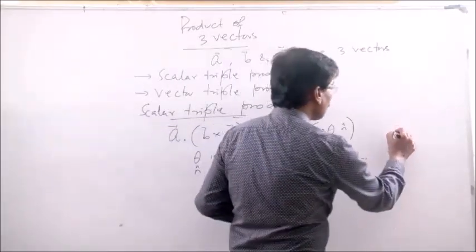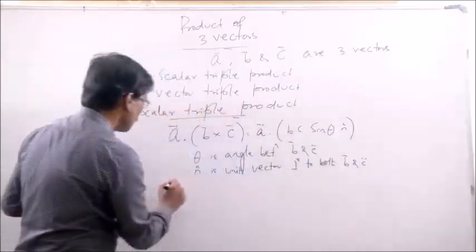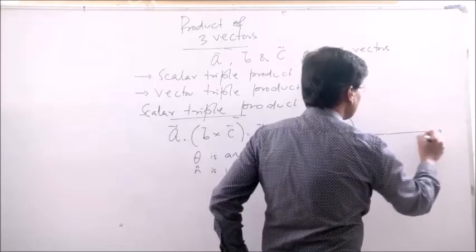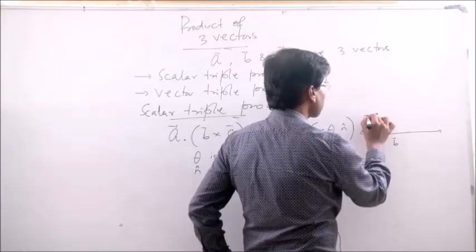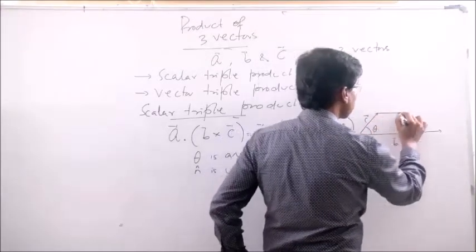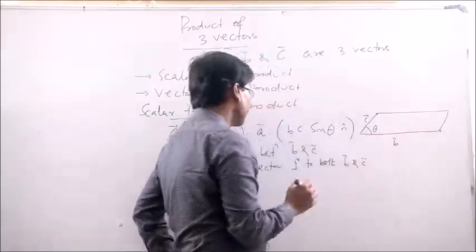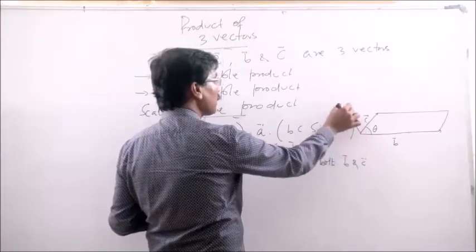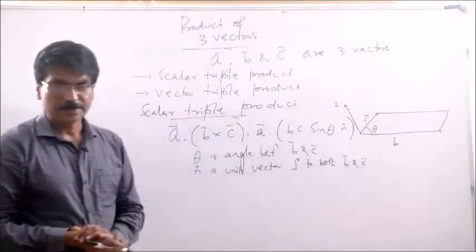If we take the geometrical interpretation, the angle between b vector and c vector is theta. So this is your bc sin theta. n cap is a unit vector perpendicular to both b vector and c vector.